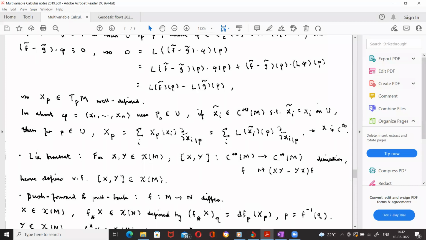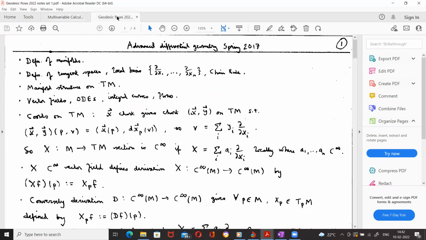We're going to run out of time in two minutes, but let me just keep talking a little bit. So if X is a C infinity vector field, it defines what's called a derivation.